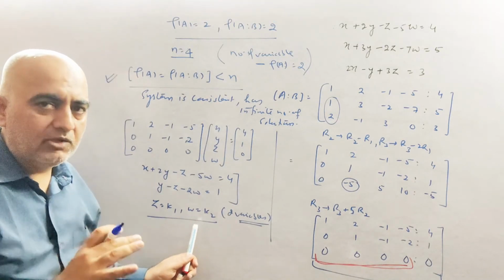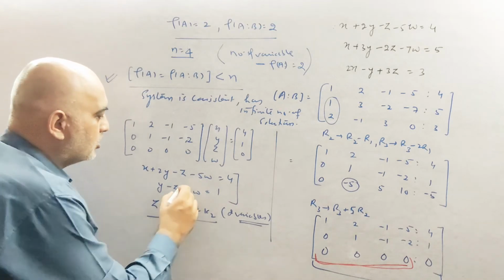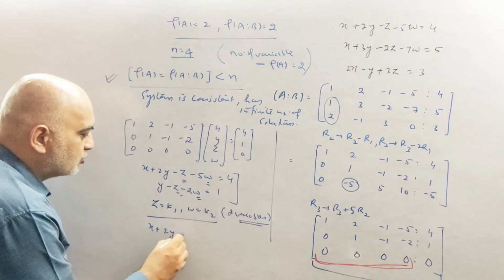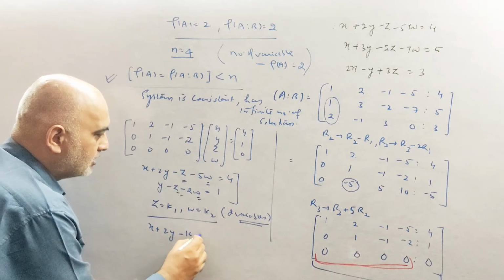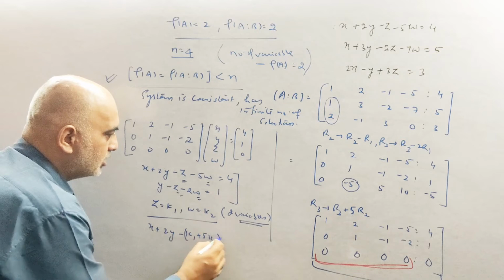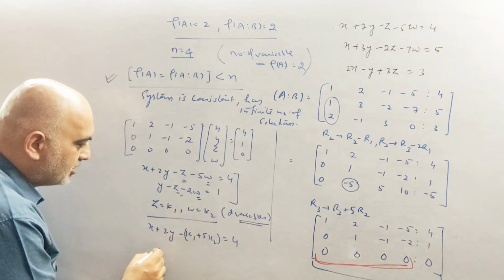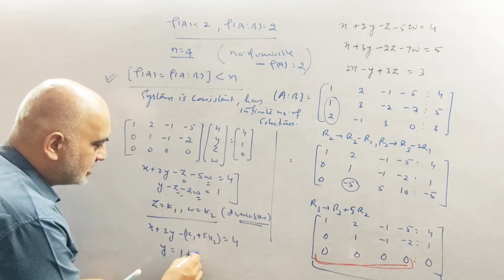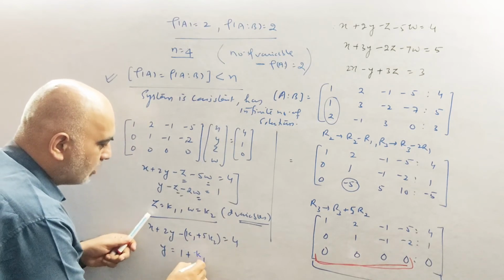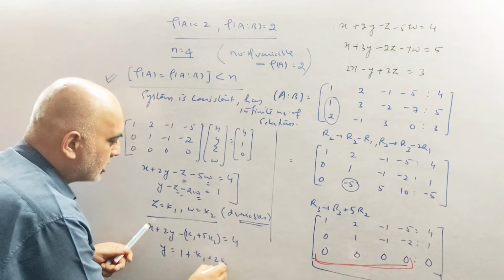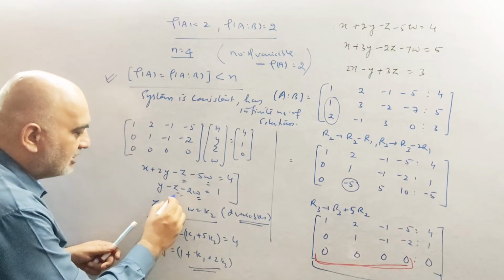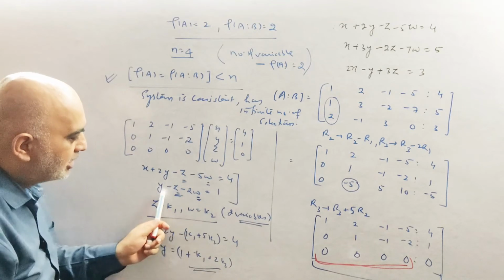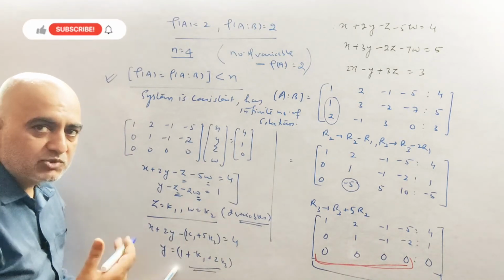That means we can change their values, right? So k1 and k2 are the two specific variables, and now we get x plus 2y equals 4 plus k1 plus 5k2, and from here y equals 1 plus z, where z is k1 and w is 2k2. That is the value of y in terms of k1 and k2.